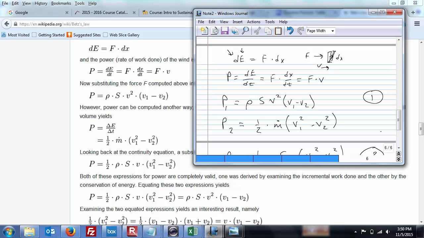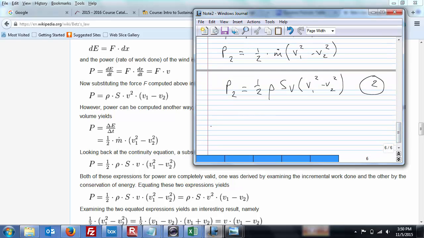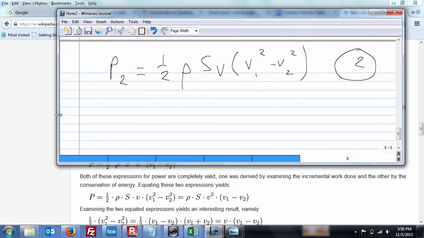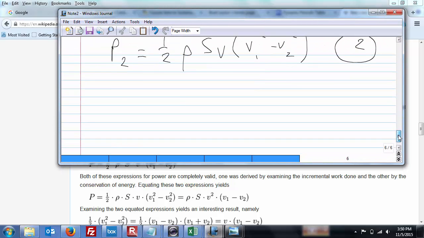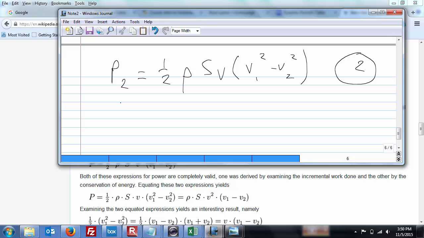So equating these two expressions, and this is where it gets a little bit long, I'll say that 1/2 rho S V times (V1 squared minus V2 squared) equals rho S V squared (V1 minus V2).